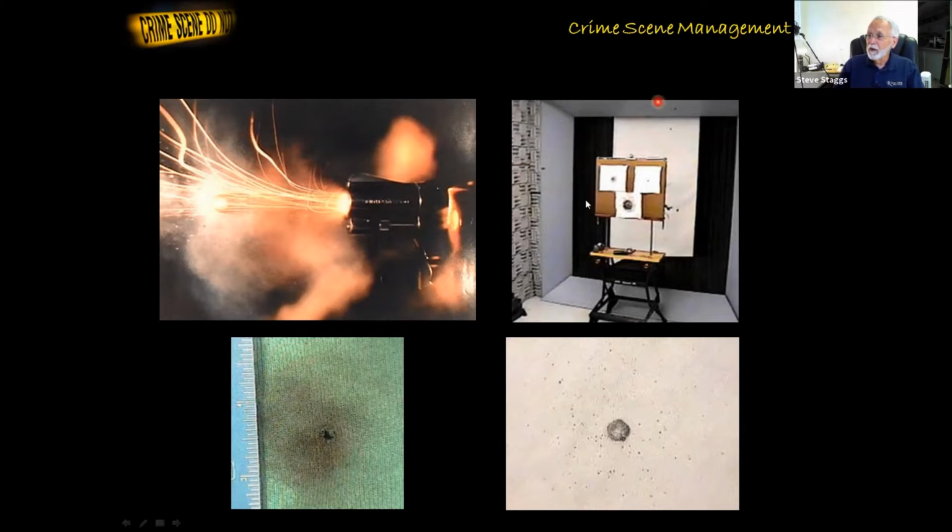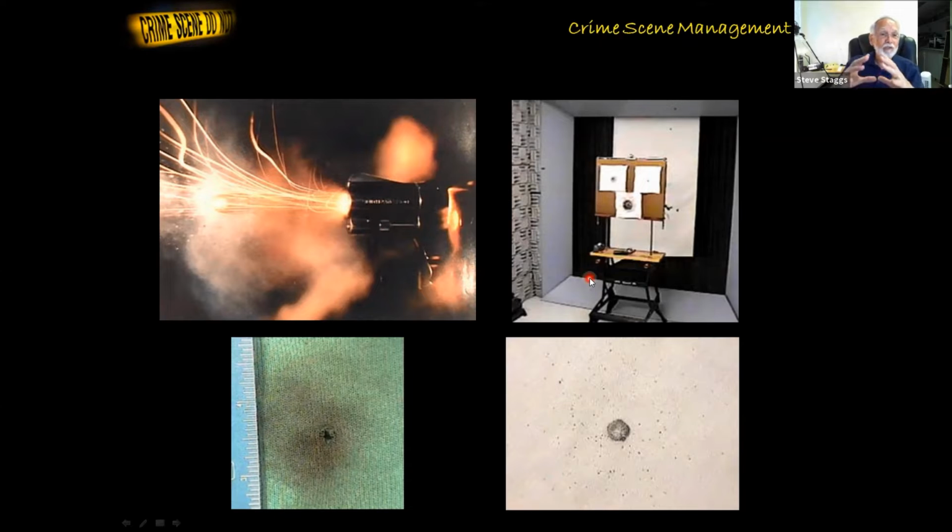Over here on the right hand side, you see this is an indoor range for the criminalists to use. So you set up targets, shoot from different distances until the pattern you create matches as close as possible the pattern on your evidence.